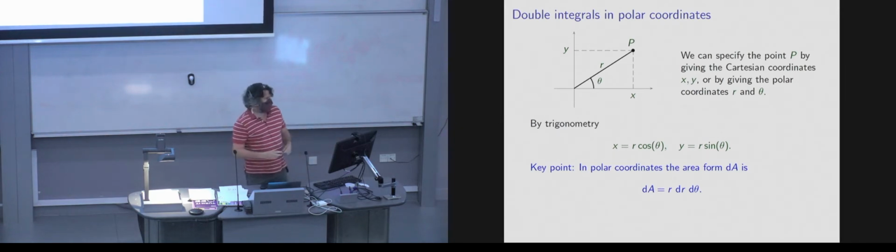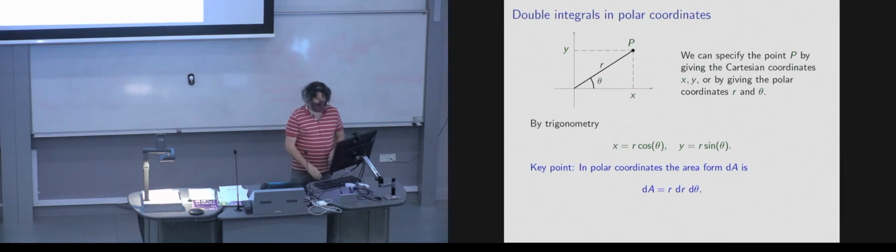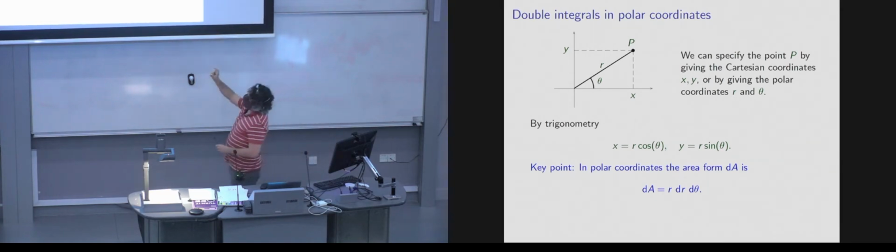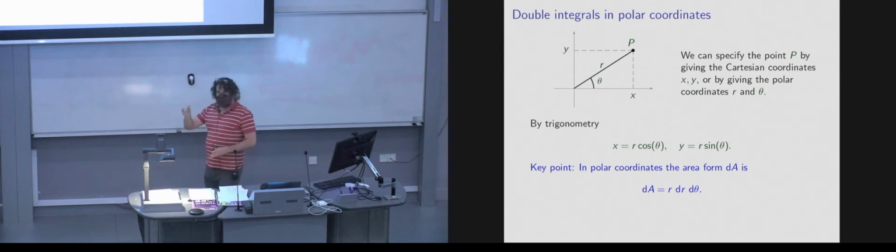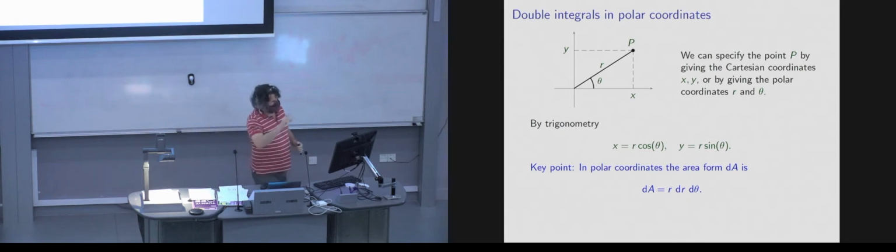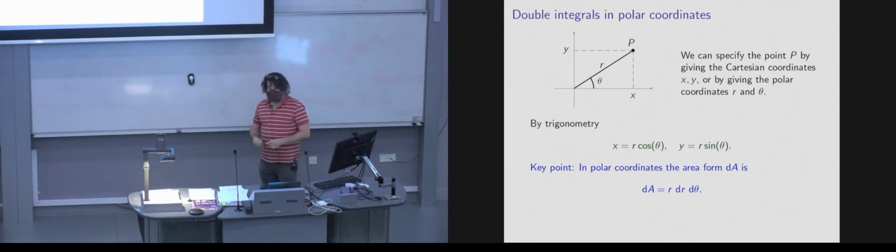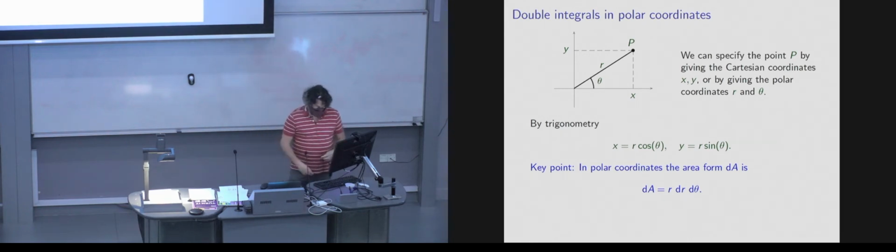There's a heuristic explanation of why this is true in the videos. If you consider a small rectangle given by a small change in the angle and a small change in r, the area of that rectangle depends on r. That's why we have to do this.